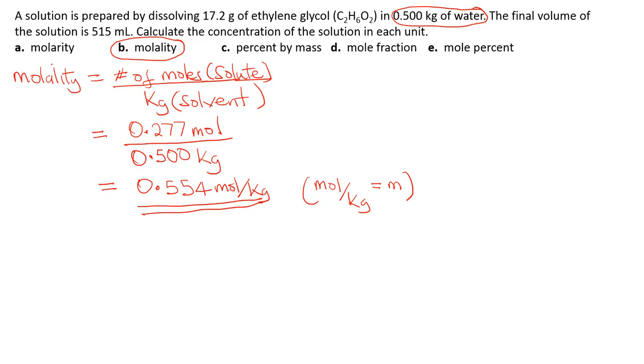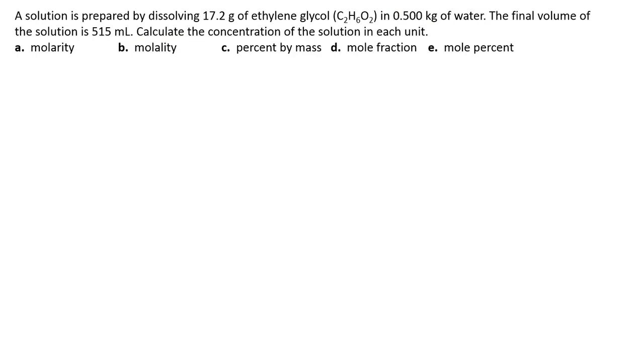Now we move on to percent by mass. Remember, our problem is a solution prepared by dissolving 17.2 grams of ethylene glycol in 0.500 kilogram of water.